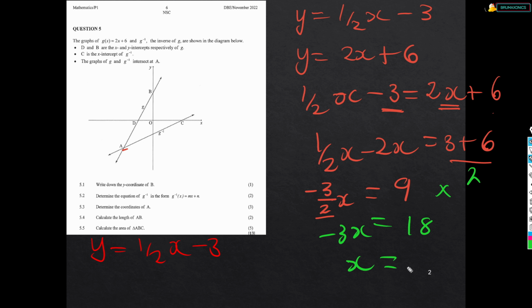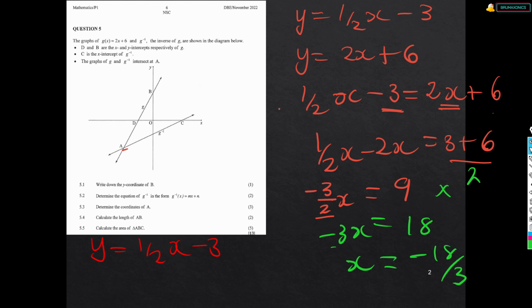So then x is equal to, divide both sides by negative 3, and that will be negative 18 all over 3. Now you have to ask yourself how many times 3 goes into 18, and then after that you will have your answer.